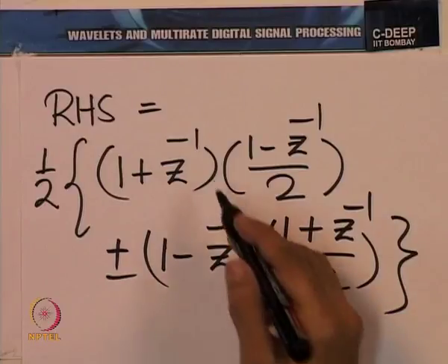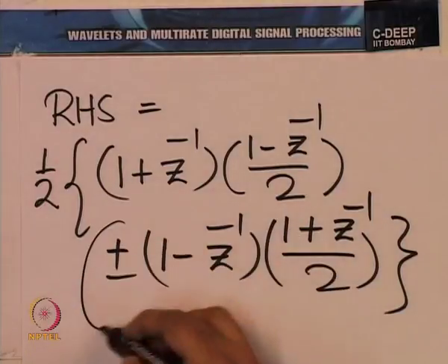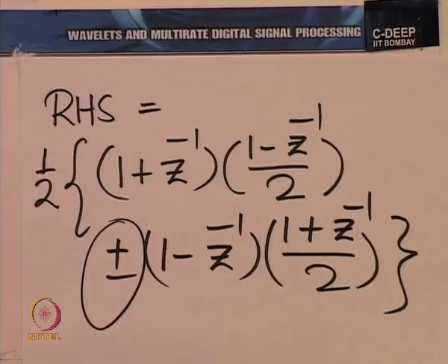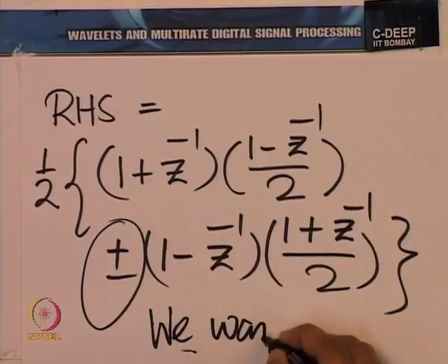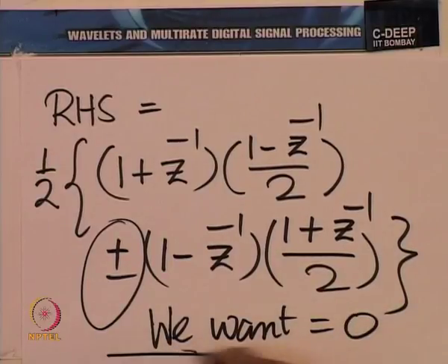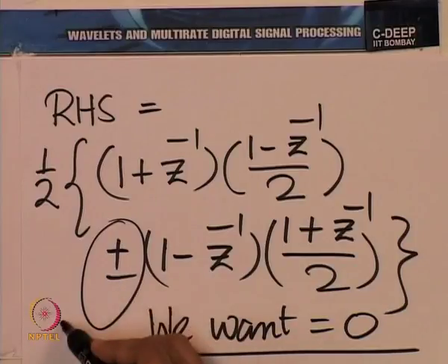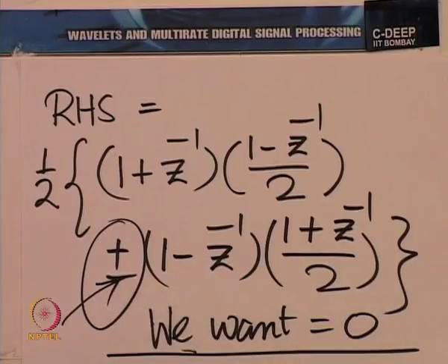Now, when you look at this carefully, you notice why we want this ambiguity there. We want this to become 0. And therefore, it is obvious that the minus sign should be chosen. The plus sign will not give us a 0.